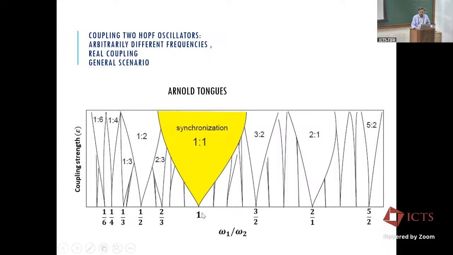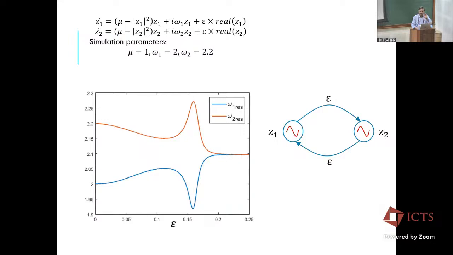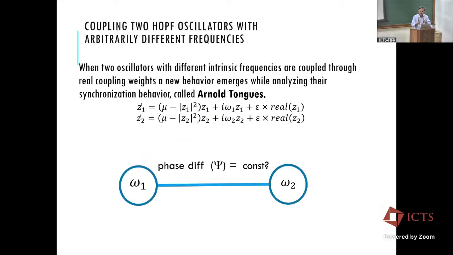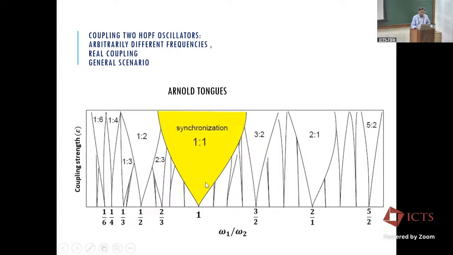Like in the previous case, if you increase the coupling strength to a point, they come to a common frequency; they synchronize. So if the ratio is 1.1 and you have a sufficiently strong coupling strength, they go to a 1:1 frequency. That's called the synchronization regime.